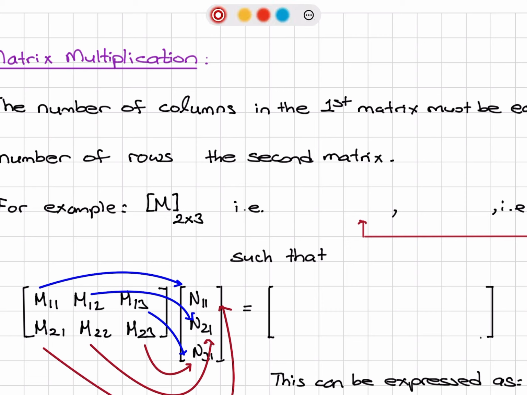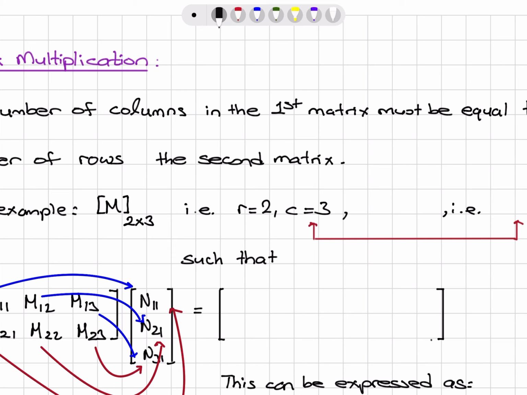So that's basically first row, first column, second column, third column. We can say that the row number R is 2 and the column number C is 3.